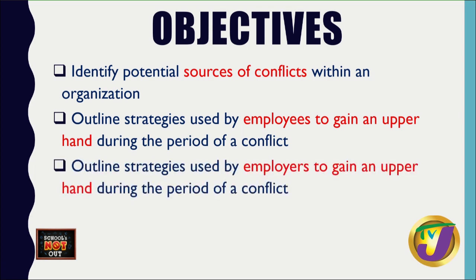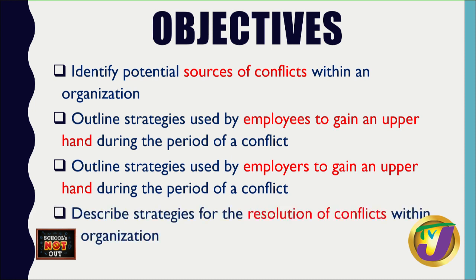We'll also be looking at some strategies used by employers to gain an upper hand during the period of conflict. And we'll also be looking at how we resolve these conflicts. How do we come to an agreement, employers and employees?